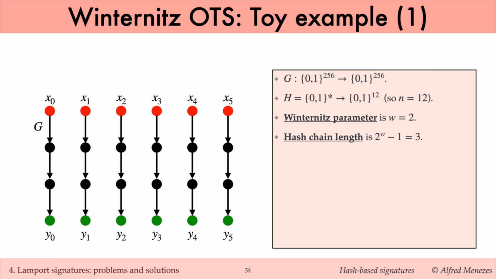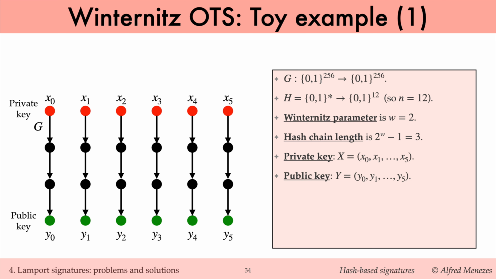There are 6 chains because this is the number of 2-bit blocks in a hash value for the hash function H. Alice's private key consists of the list of 6 starting values x0, x1 up to x5. Her public key is a list of 6 final hash values y0, y1 up to y5.